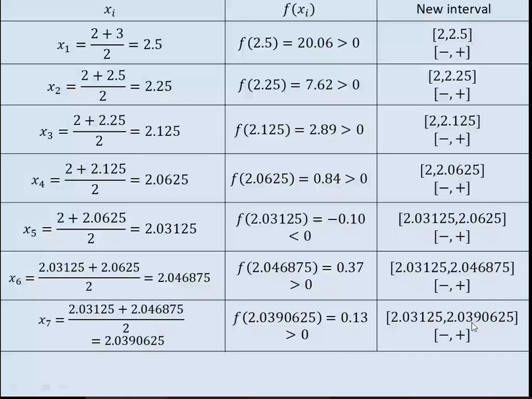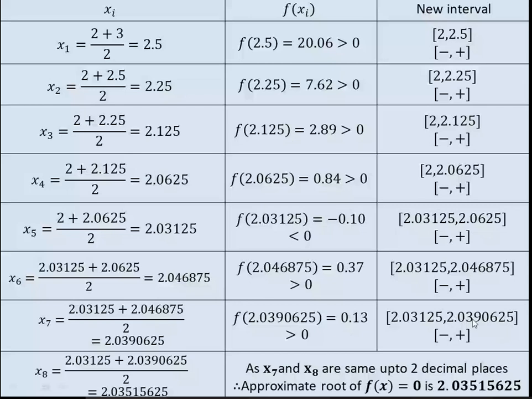Half of this will be 2.0351562, and you can see that 2.03, so up to 2 digits they are matching, and generally it is mentioned in the problem to solve it up to 2 decimal places or 3 decimal places. If it is asked for 3 decimal places, then here the third decimal place is 9. Here it is 5. So we have to proceed further.